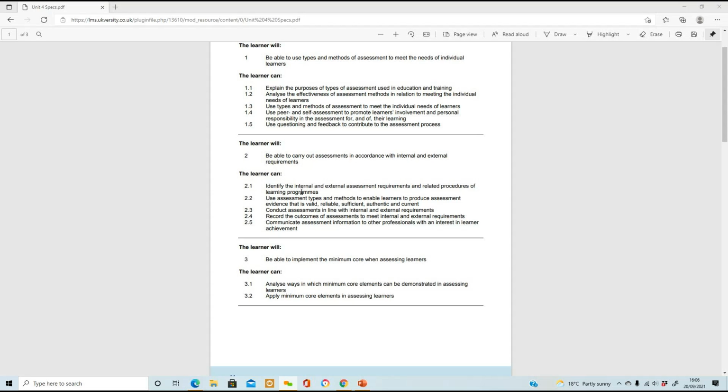And finally, 2.5, communicate assessment information to other professionals with an interest in learner achievement.